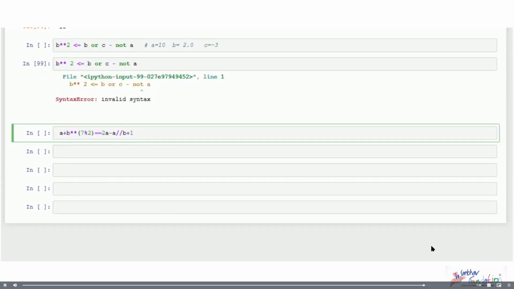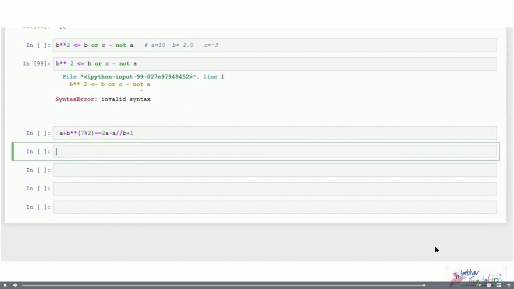So this is your next expression. We have 10 plus, again b is 2.0, power in 7 mod 2.